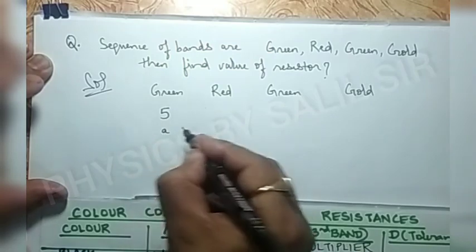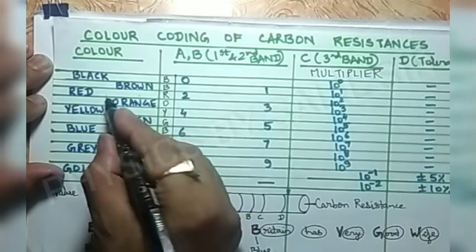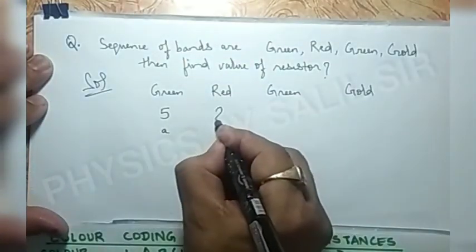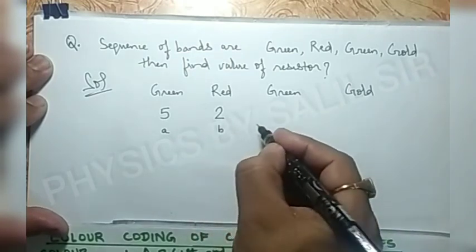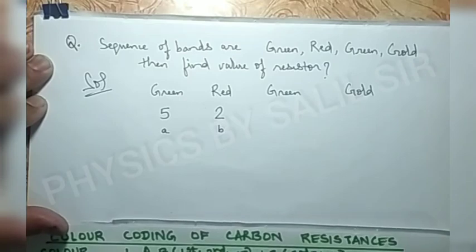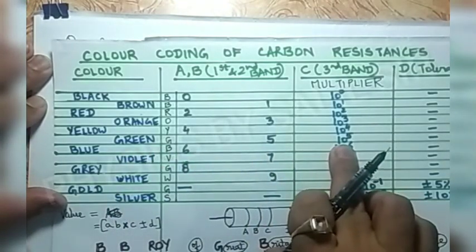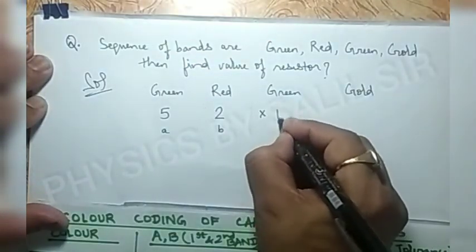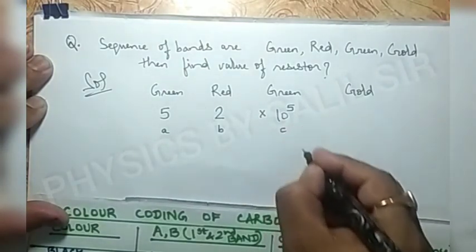According to the formula, it is small a. Next, second color is red. For red it is 2, so write down 2, it is small b. Now the multiplier color is again green. For green, see the multiplier in the table, it is 10 to power 5, so we will write into 10 to power 5. So this will be C.